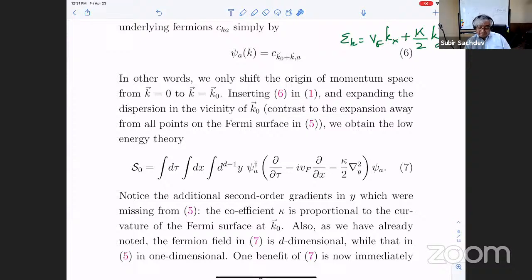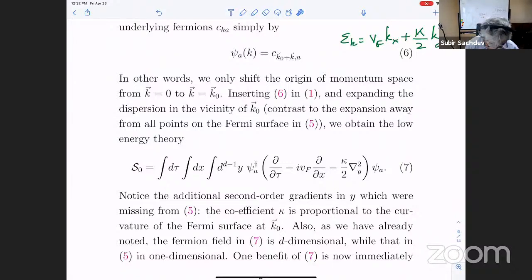But here, if I ask at what momentum the energy is 0, the answer is it's a surface in momentum space. In 2 dimensions, it's a line. In 3 dimensions, it's a 2-dimensional surface where the energy goes to 0. So that's why this is, from a field theory point of view, kind of a sick theory. It's got many more low energy excitations, in fact, zero energy excitations, than you would expect.